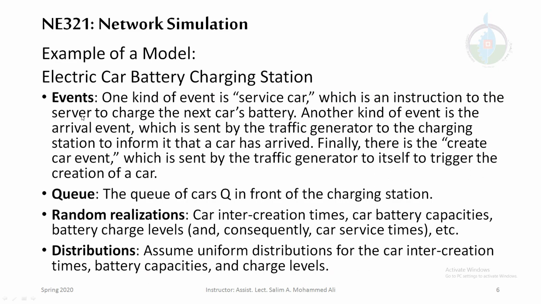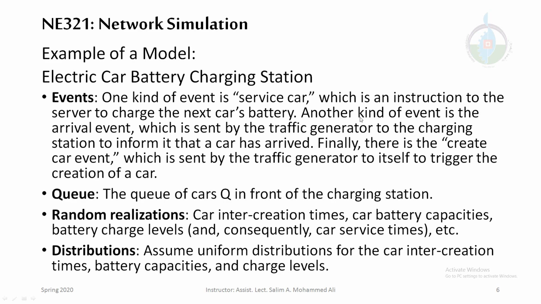Now we will jump to events. One kind of event is the service car. When the car is serviced, it will get out of the server and another car will be entered. This is an event, which is an instruction to the server to charge the next car's battery.